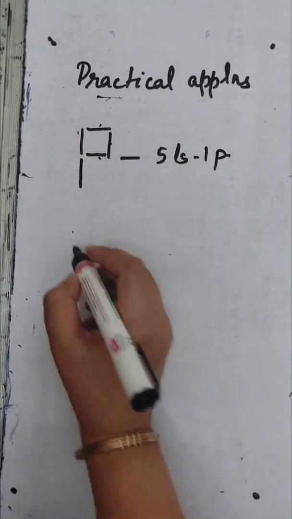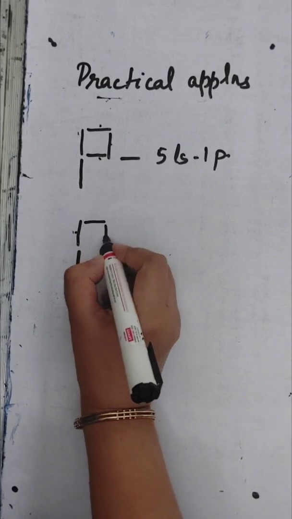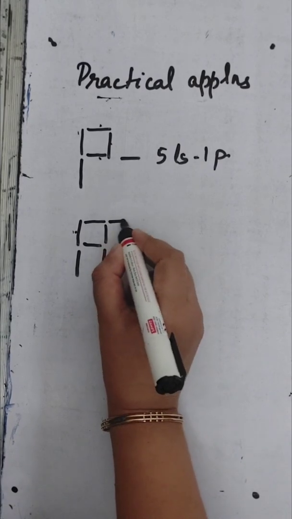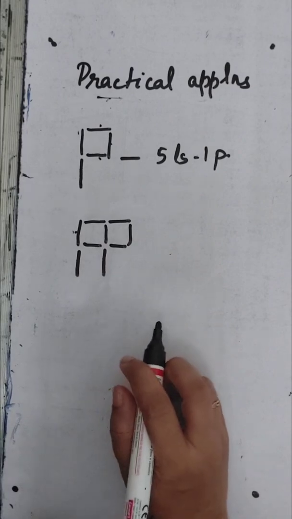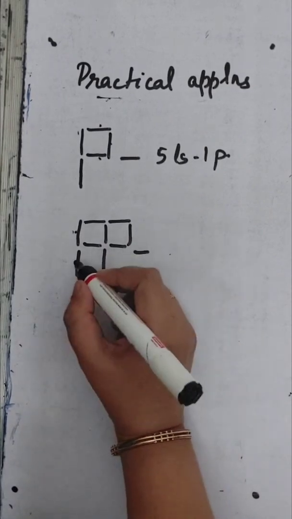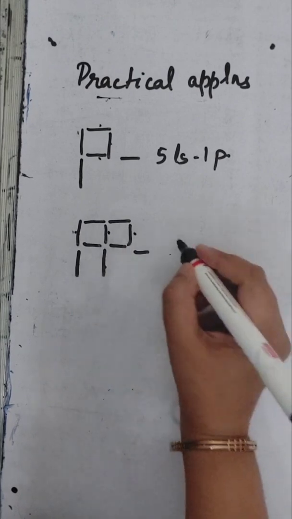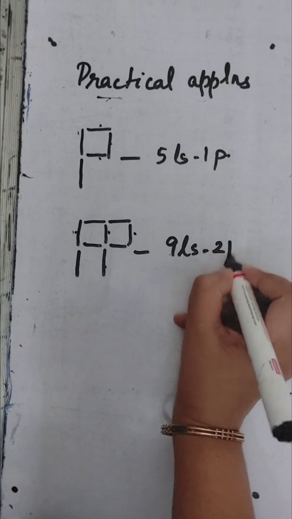Okay, now these are 2p's. So how many line segments are required? 1, 2, 3, 4, 5, 6, 7, 8, 9. 9 line segments are required for 2p's.